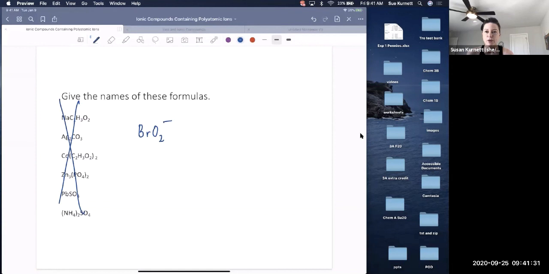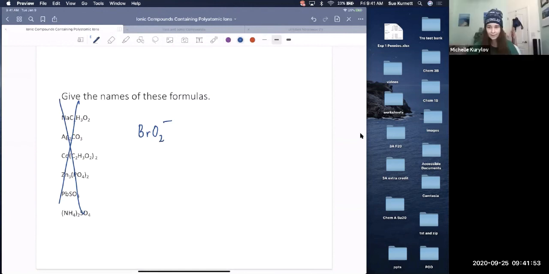So you can apply more than one derivative rule to come up with the correct name. And if you don't know where to start, well, I know it contains oxygen, so it's an ate or an ite. And bromine is in group 7. Who's the line leader in group 7? Chlorine. So what is the formula for the ate that you know?